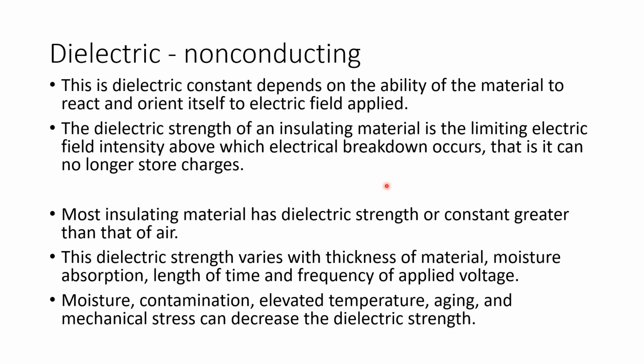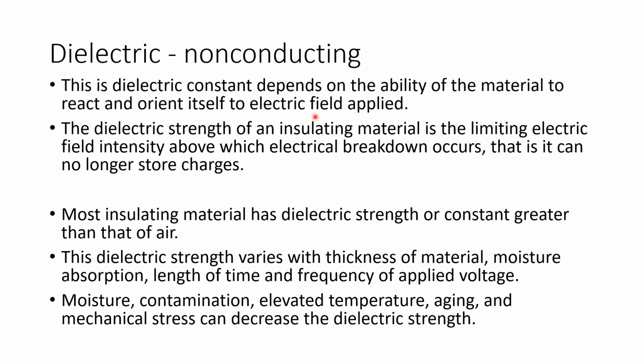Alright, so that K, your dielectric constant, completely depends on the ability of the material to react and orient itself to the electric field applied. In a capacitor, you always have some sort of electric field applied to that area.